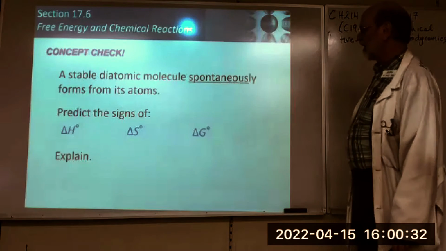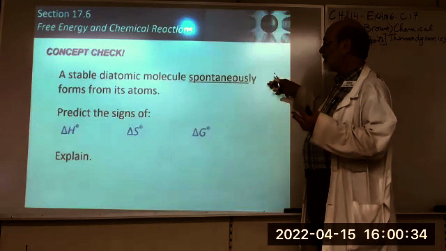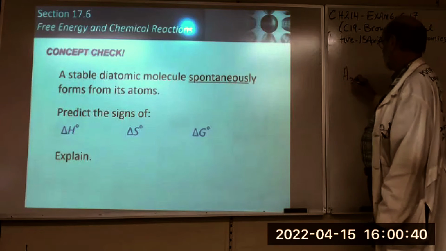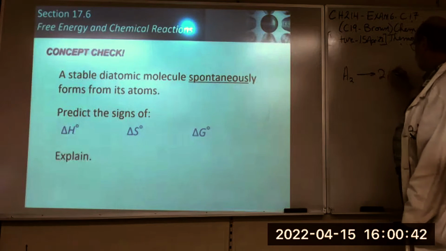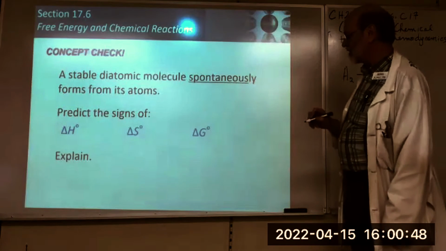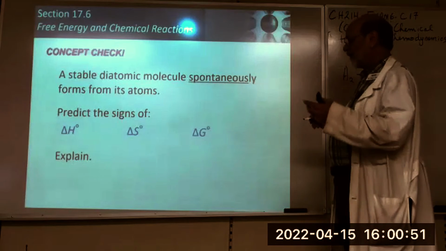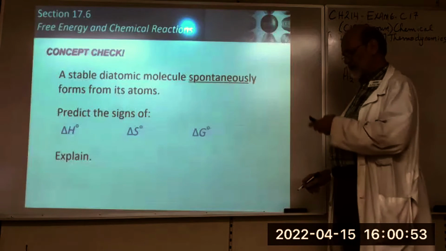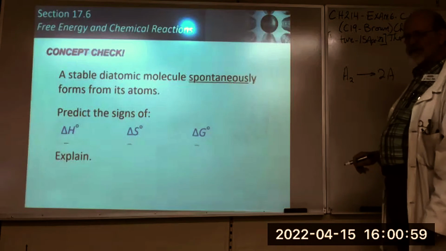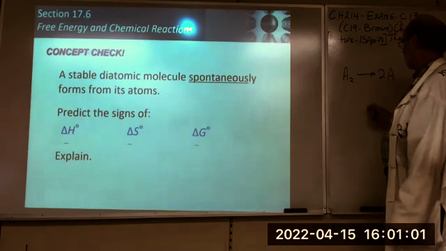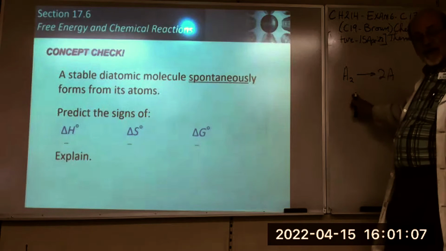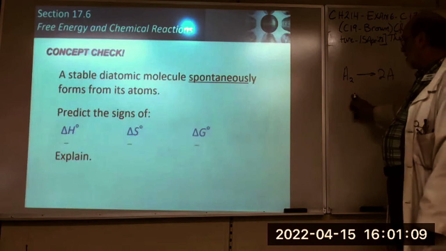So what if we had set up a condition where a diatomic molecule spontaneously forms its atoms? So this one goes to this one. What's the sign of delta H? Standard conditions: enthalpy, entropy, and Gibbs free energy. Delta H, standard enthalpy, would be negative.